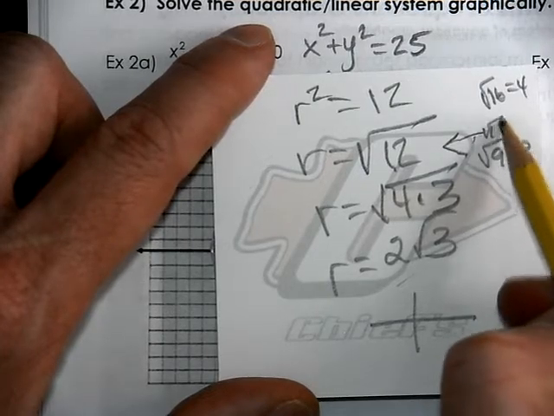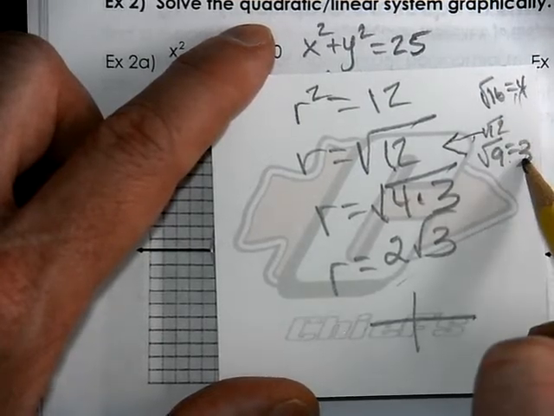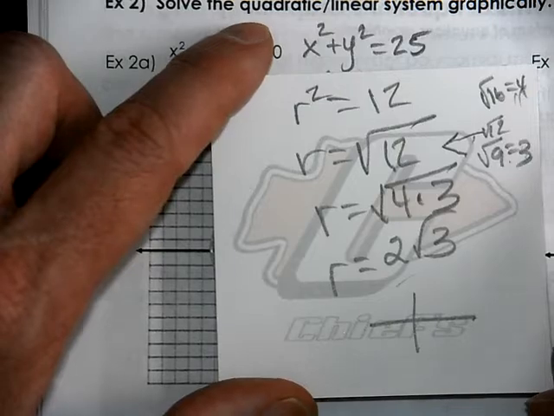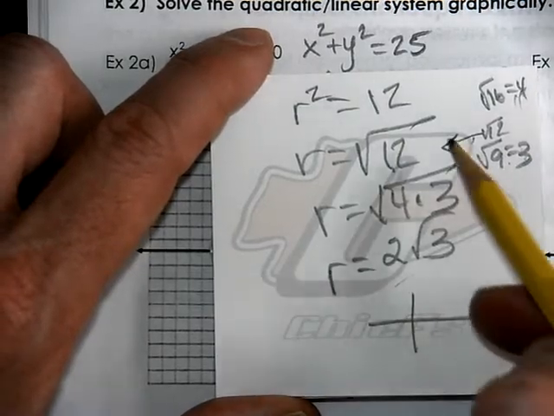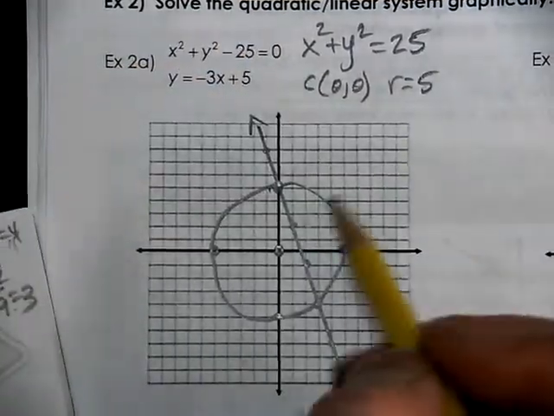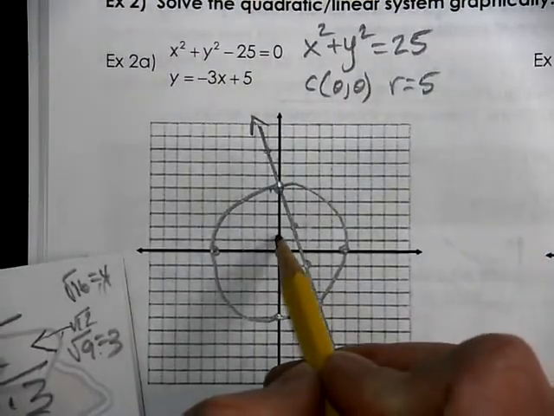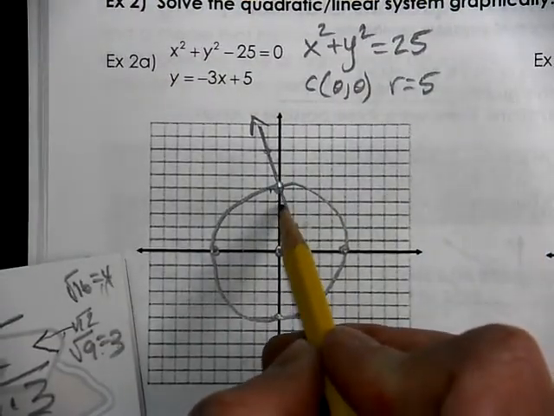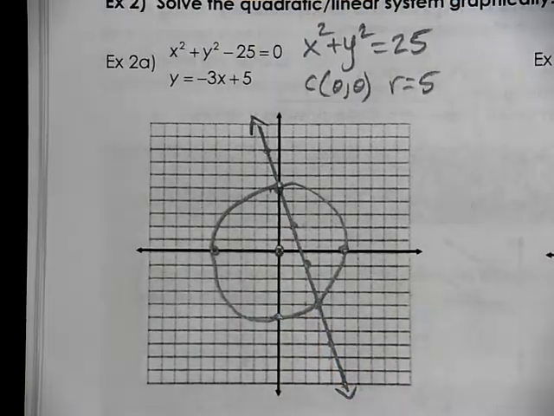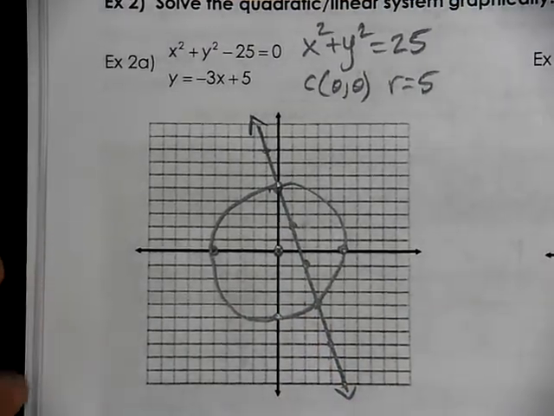So the square root of 12 is in between 3 and 4, just about in the middle. So if you were plotting something with a radius of square root of 12, we would come up just larger than 3 but less than 4, pretty close to 3.5.